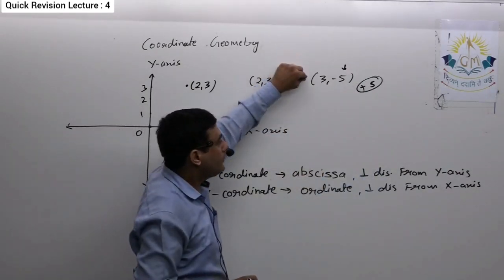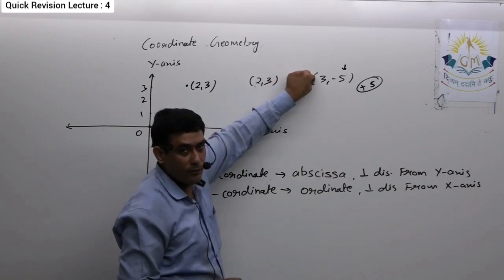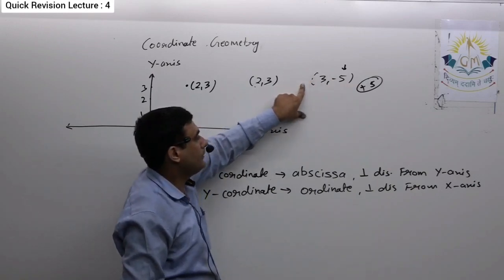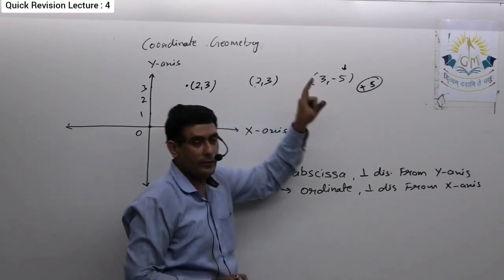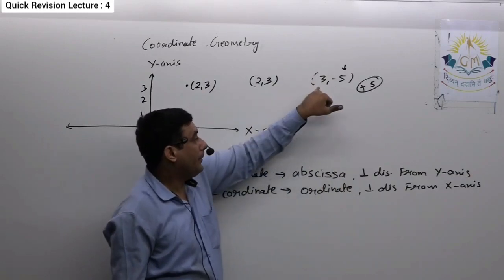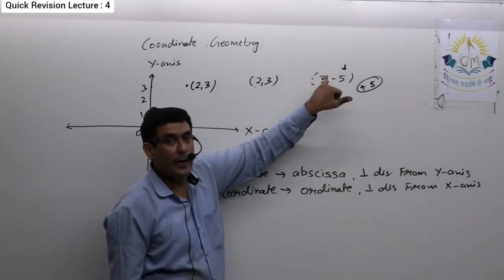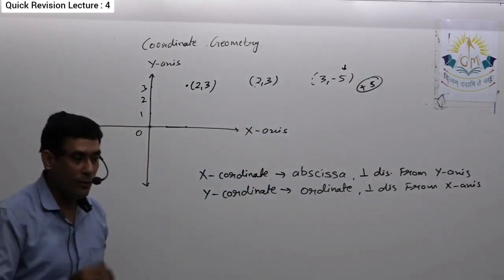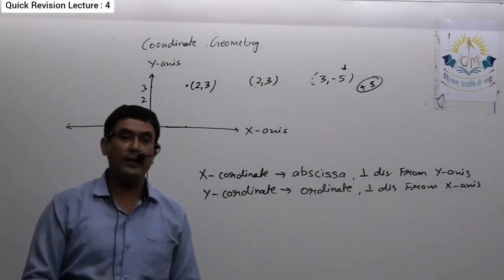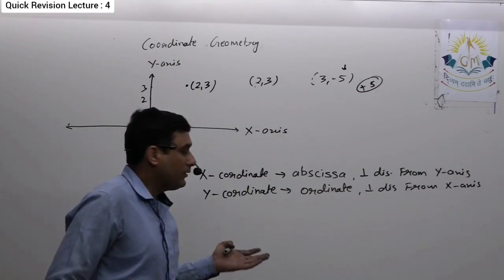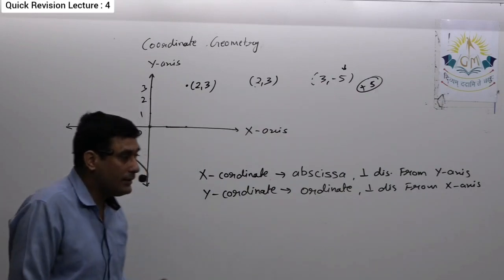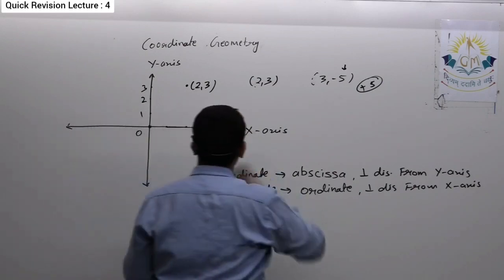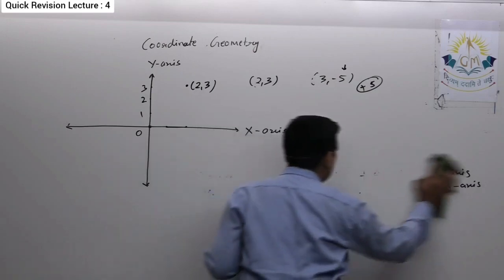That means for this point, the perpendicular distance from the x-axis is 5 and the perpendicular distance from the y-axis is 3. In other words, the abscissa of this point is 3 and the ordinate is -5. When we ask for the ordinate or the abscissa, definitely we have to give the answers with sign, but if they are asking the distance, then in that case we'll skip the sign. So this is the x coordinate, y coordinate.